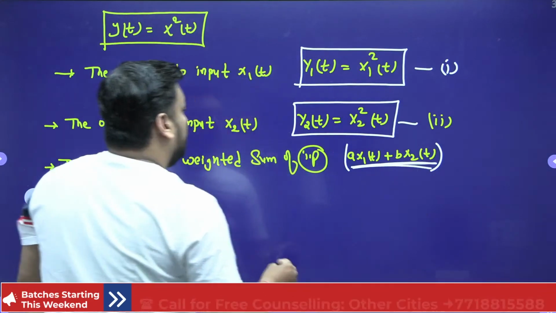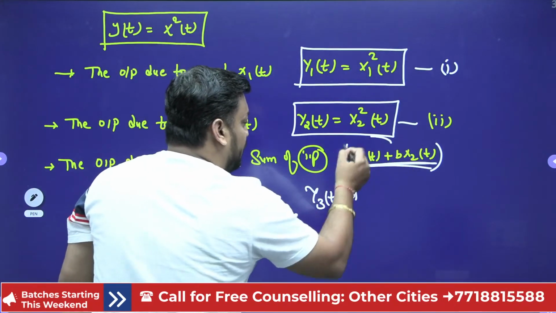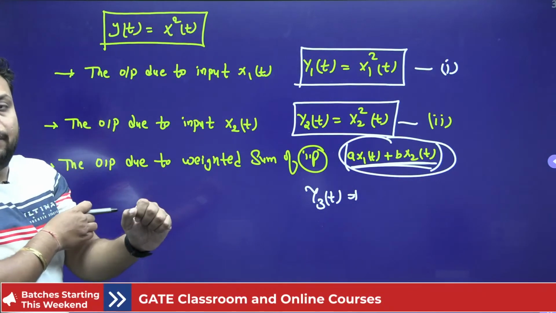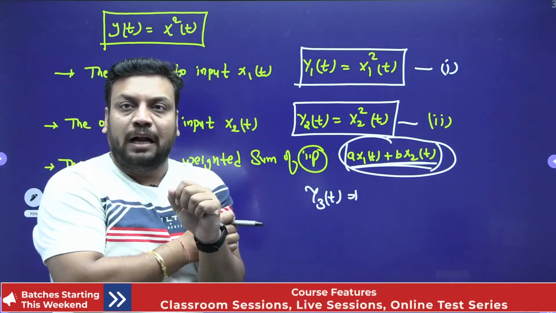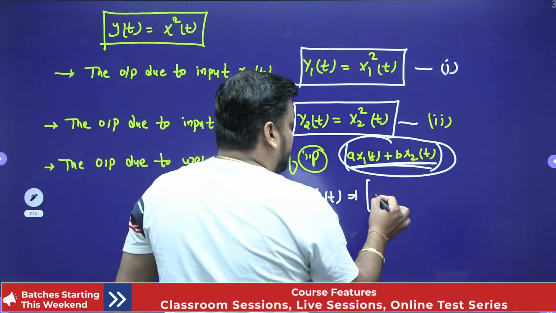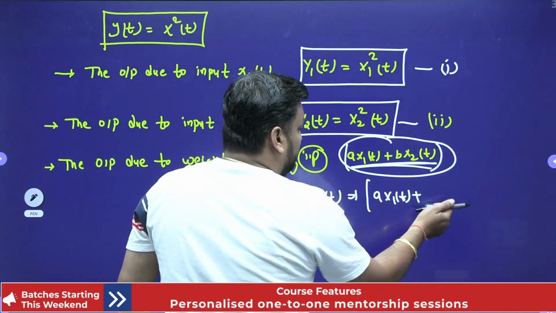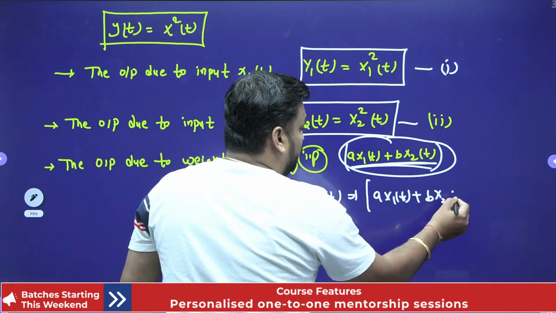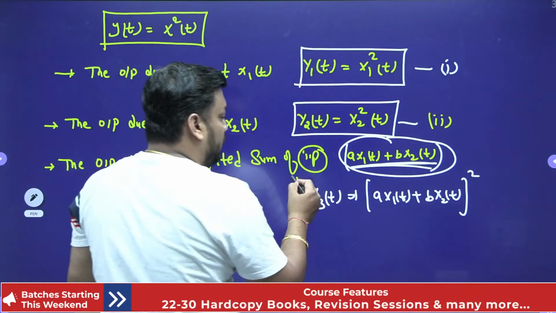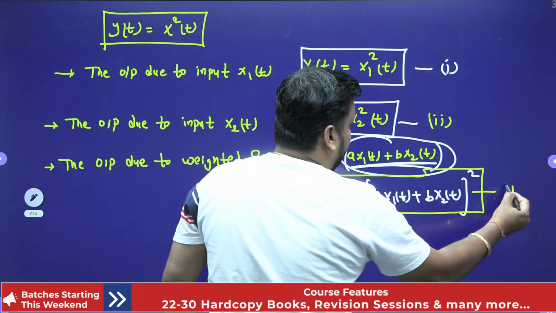The system equation says that whatever the input is, I need to square it. So it is (a x1(t) plus b x2(t)) whole square. This is your y3(t), and this is nothing but your equation number 3.